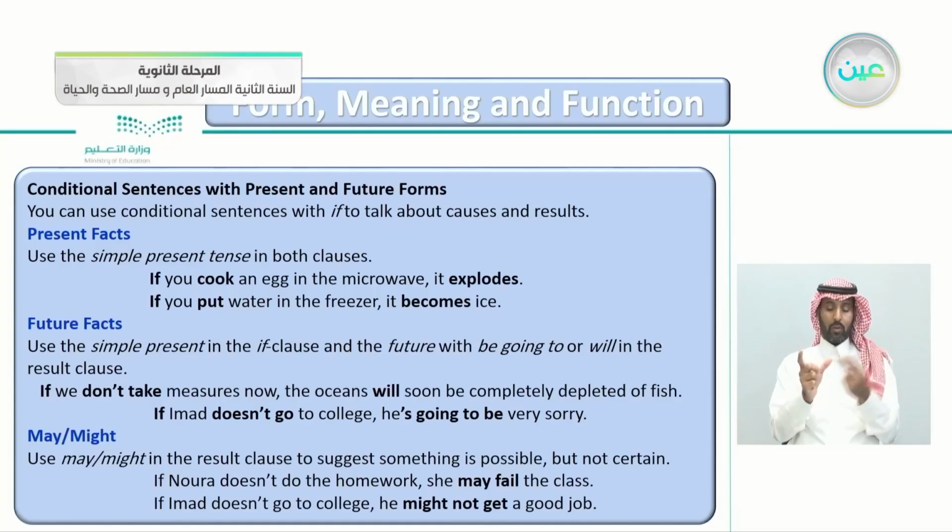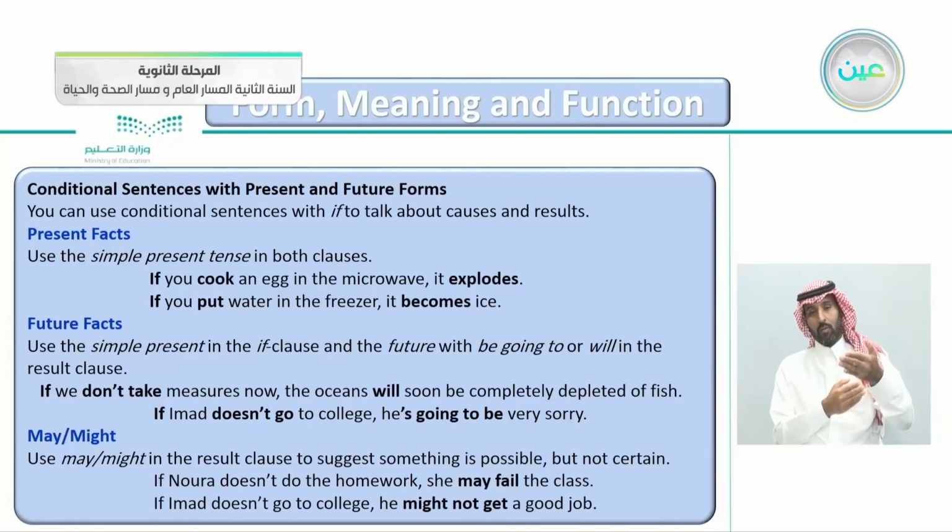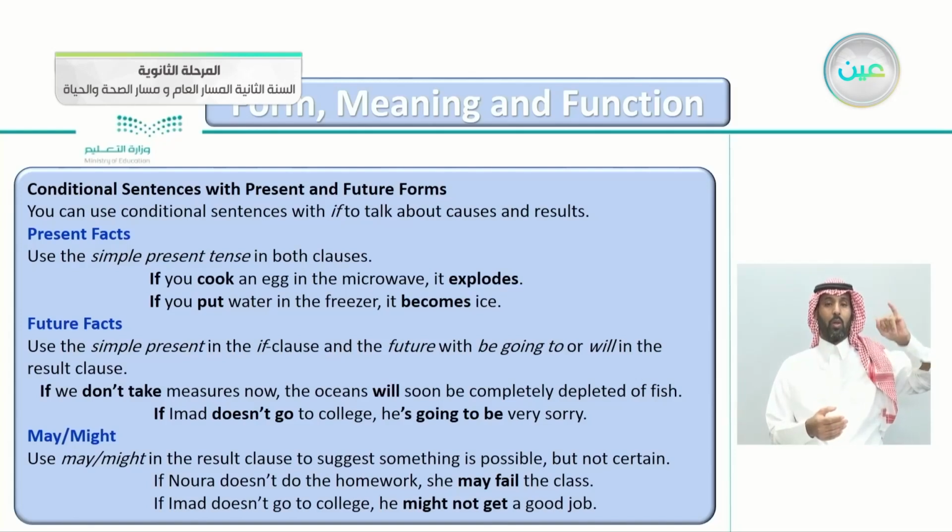What about if we talk about future facts? We use the simple present in the if clause and the future with be going to or will in the result clause. Again, if we're talking about what will happen in the future, use the simple present in the if clause, and the future with be going to or will in the result clause.